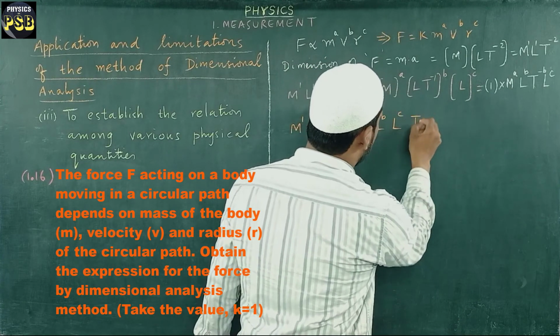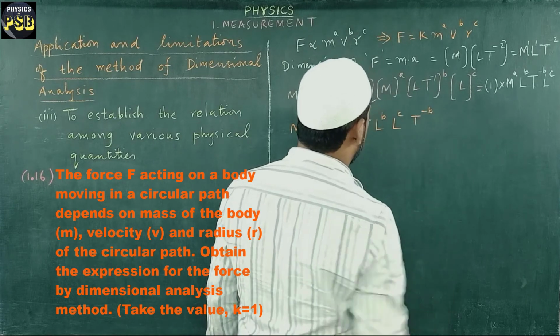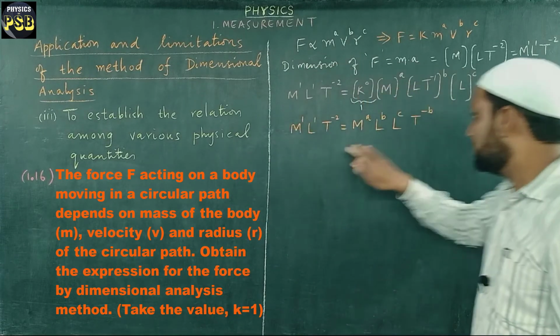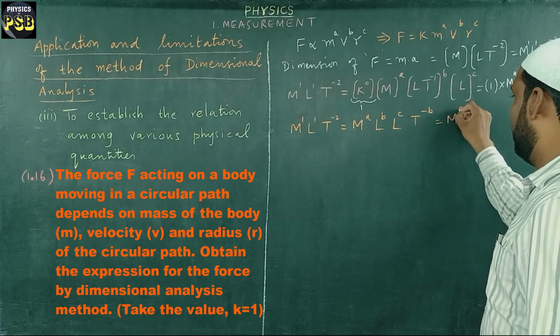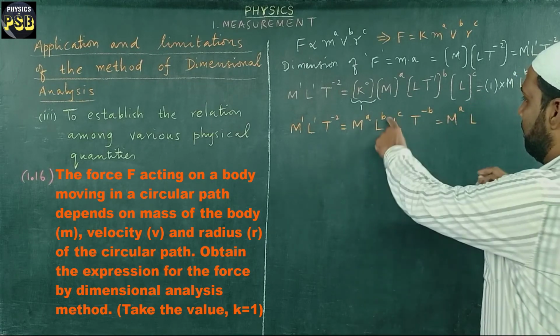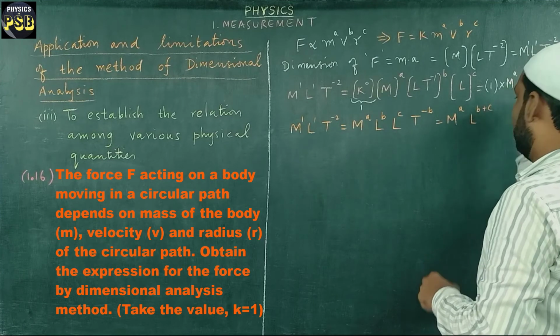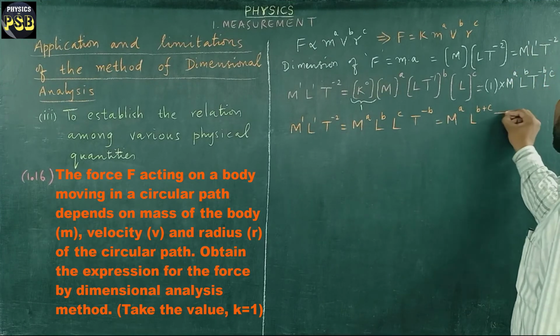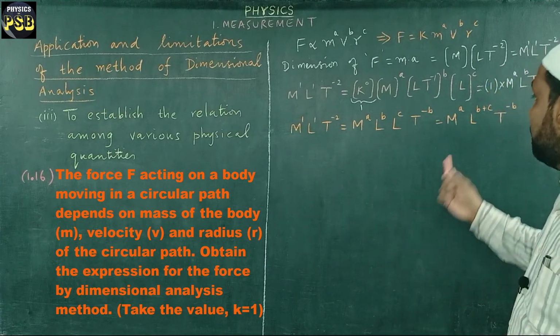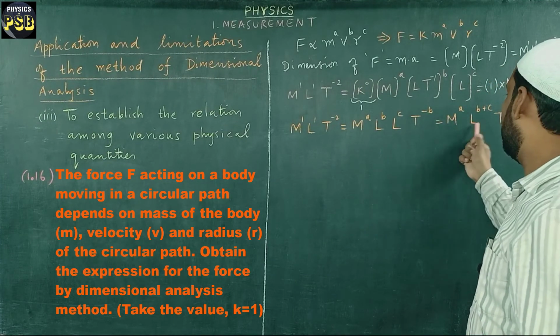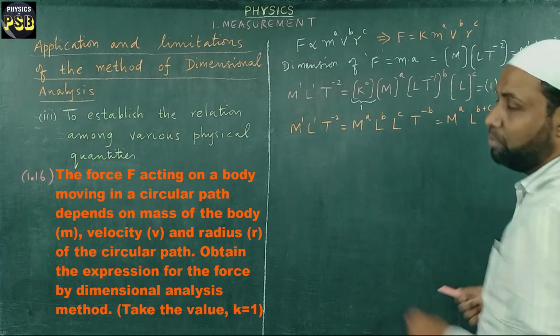Then T power minus b. Now see how I am going to simplify this. Look at that way. I write it like this. M power a, then L power b plus c, because I told you earlier, T power minus b. Now you compare the power of M, L and T on both sides.